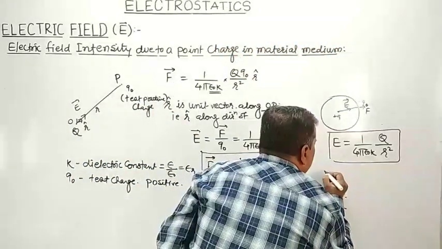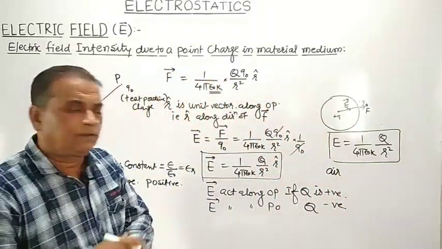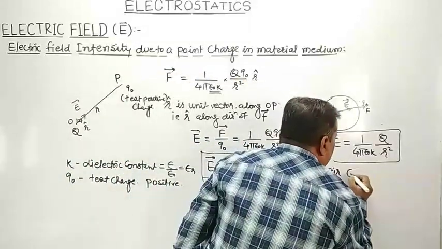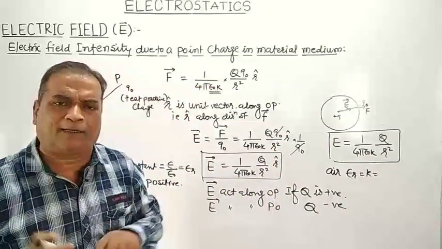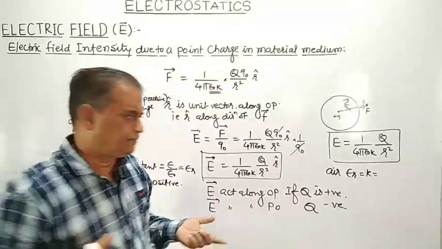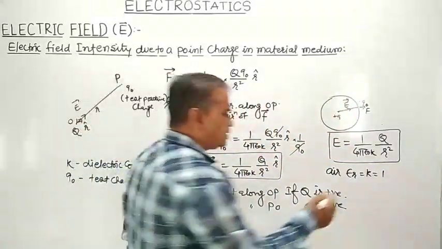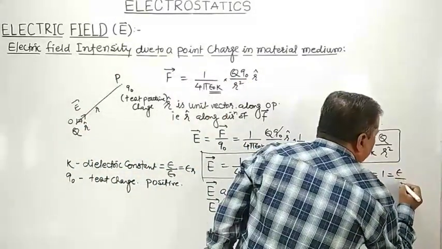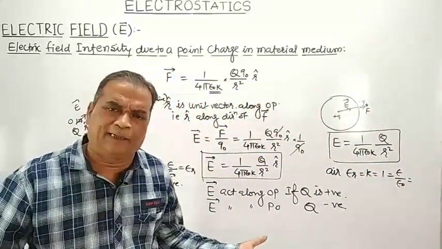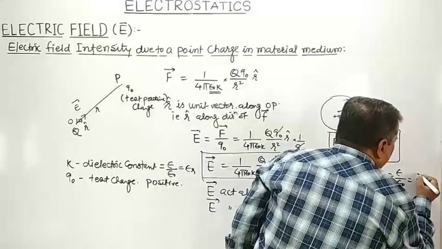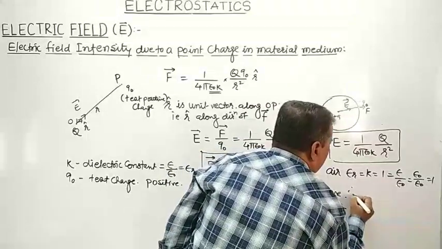Now, if instead of a material medium I take the medium itself to be air, then the relative permittivity or dielectric constant K for air is equal to 1. Why? Because K equals epsilon divided by epsilon 0, and the permittivity of air, free space or vacuum is epsilon 0, so epsilon 0 upon epsilon 0 is equal to 1.